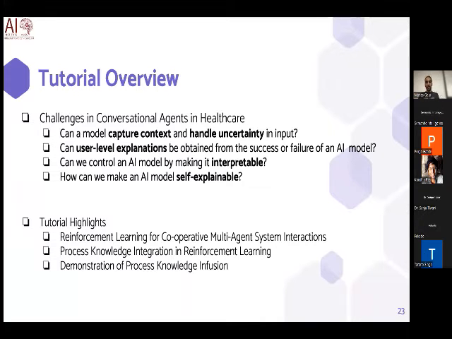So there are certain challenges that we will be discussing: uncertainty and risk, user level explanations, and self-explainability. In the reinforcement learning framework, and how it can be used to answer some of these challenging questions.